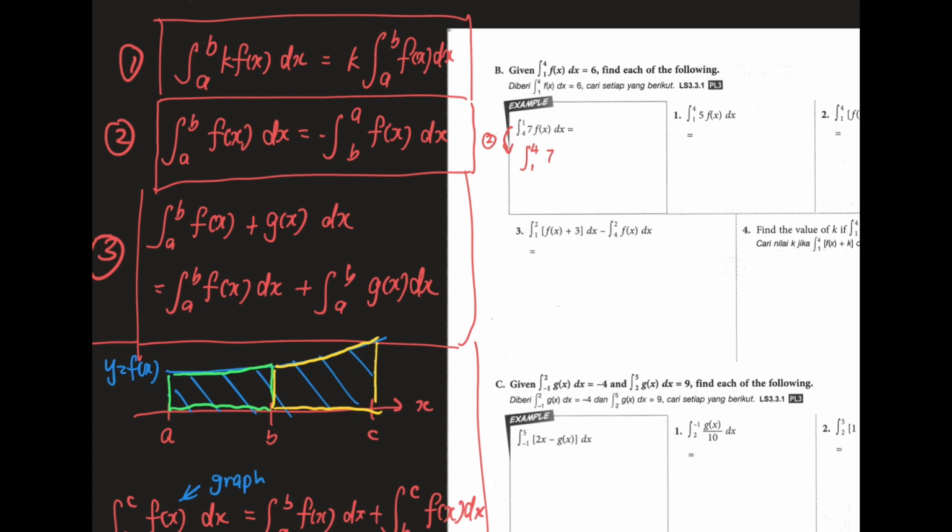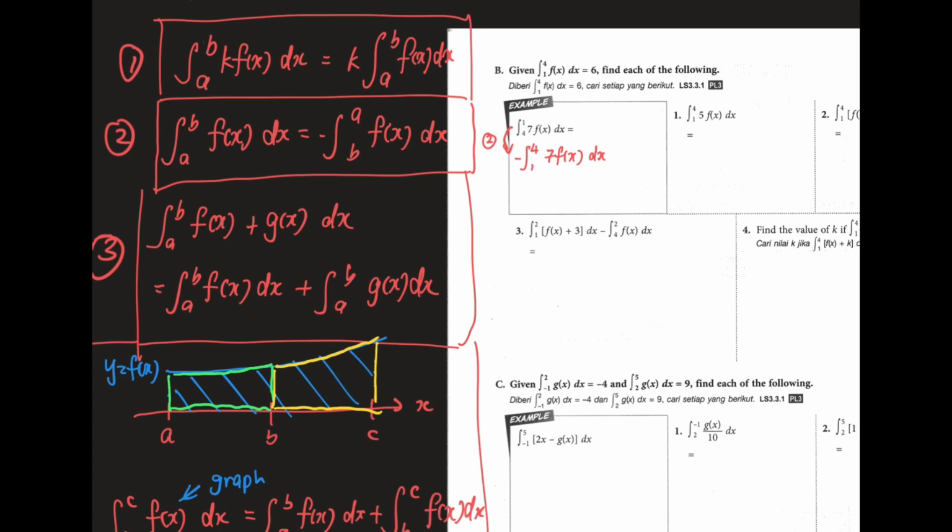I turn the limit, 1, 4. When I turn the limit in that way, a negative will come up. Why do we need to turn it? Maybe you're wondering why we want to change the 1, 4 to 4, 1.